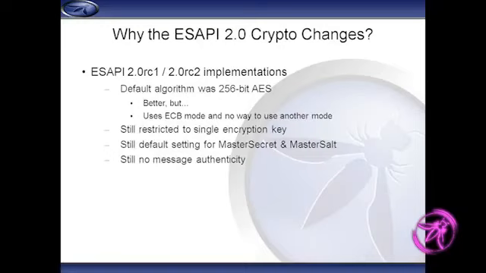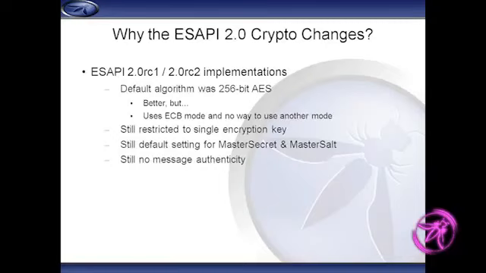The other thing is that this switched to use ECB mode. They just used AES by default, which uses ECB mode and PKCS 5 padding. And there was no way to switch it to use other modes because every other mode requires an initialization vector. It was still restricted to a single key.